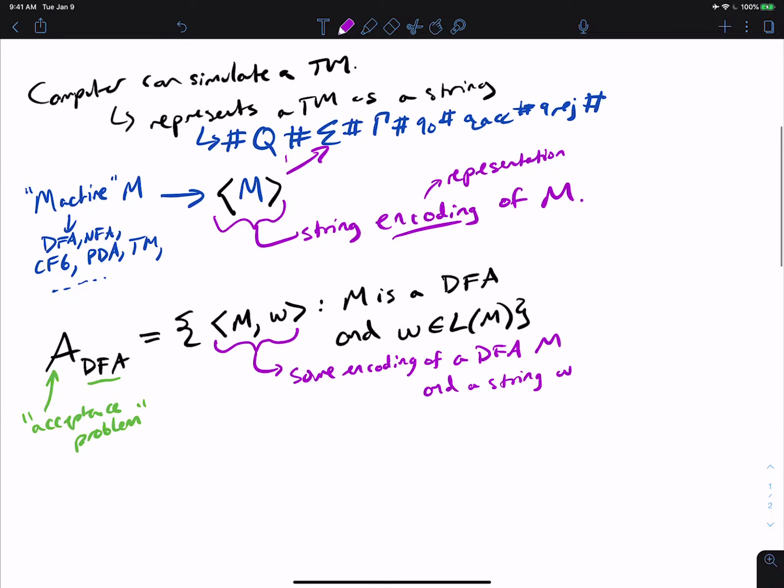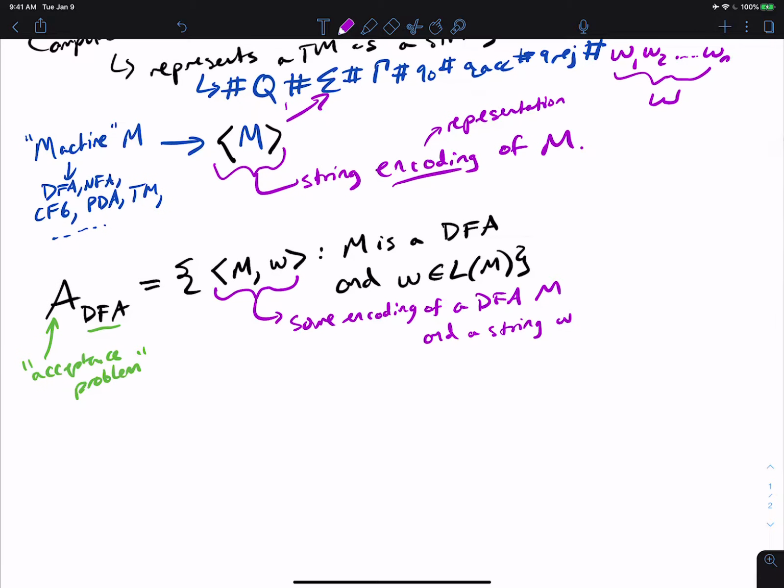Maybe in the example above, we put W1, W2 up to WN as the string W. That could be one way that we can encode it. I don't care what the encoding actually is, as long as we can determine what the machine actually is once we receive the string. Of course, these are string encodings, so it's just a set of strings.